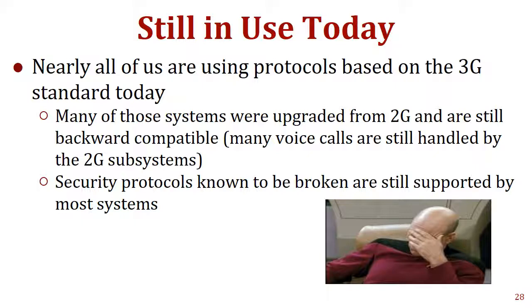For example, because many systems are 2G compatible, attackers can just try to downgrade a service from 3G to 2G, and then they can still do lots of the dangerous attacks from 2G. This lack of updated systems causes lots of problems for us.